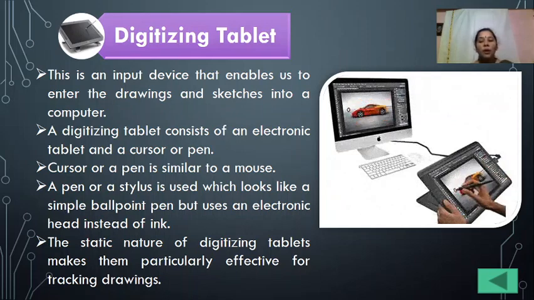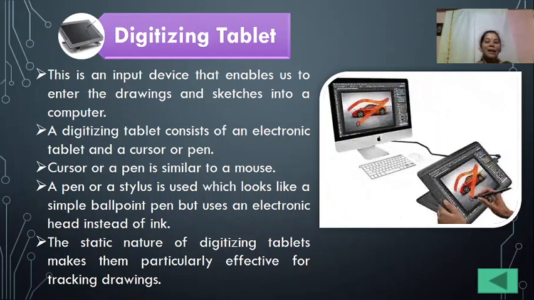And how is he working on the digitizing tablet? So he is working using a pen, which is similar to your mouse. And you can see it looks similar to your ballpoint pen. But no, the pen, we call it a stylus. So it is used like a ballpoint pen, wherein the tip of the pen, instead of ink, has an electronic head in it, where it senses on the screen and it's displayed.